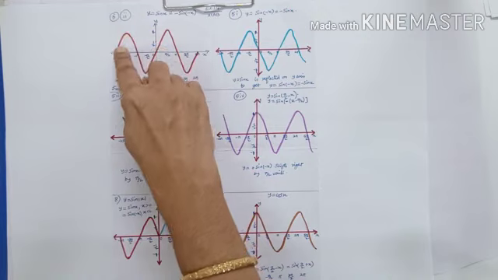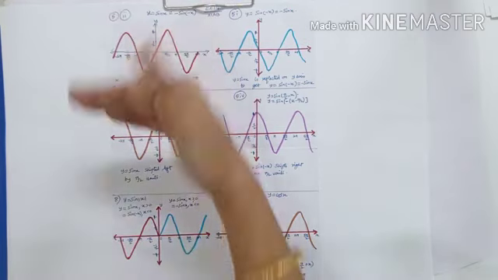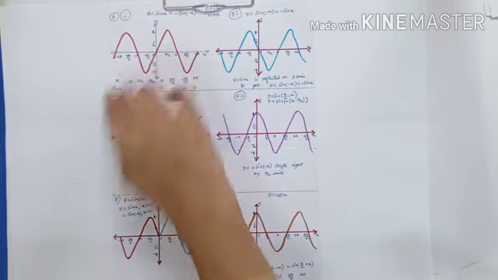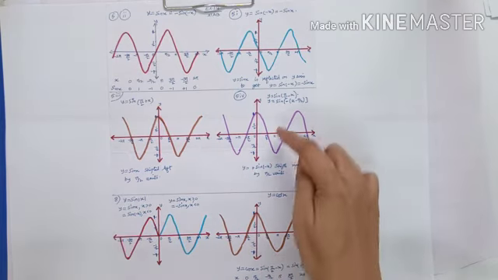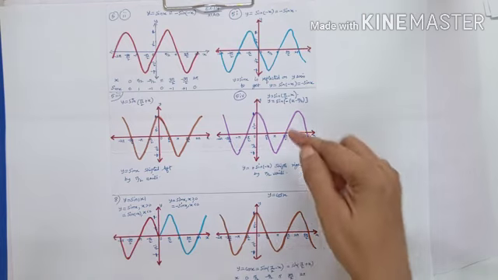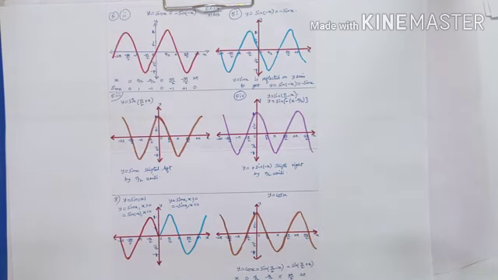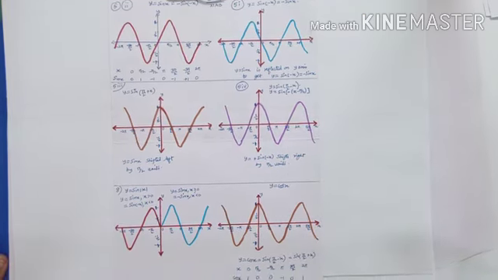This was up. Because I change the symbol, this will come down. So this diagram reflect, and that is my answer. So sine mod x will be like this. Here we have given you an idea for cos x. To check, cos x and sin of pi by 2 minus x are both one and the same.